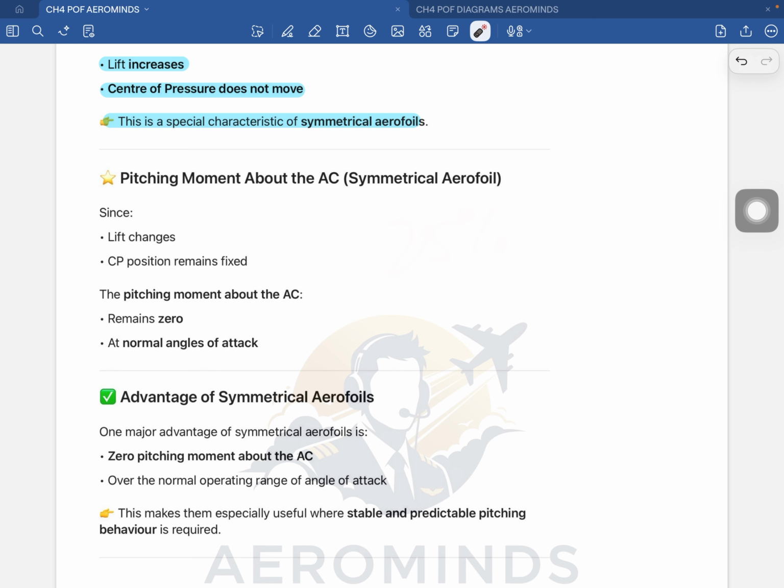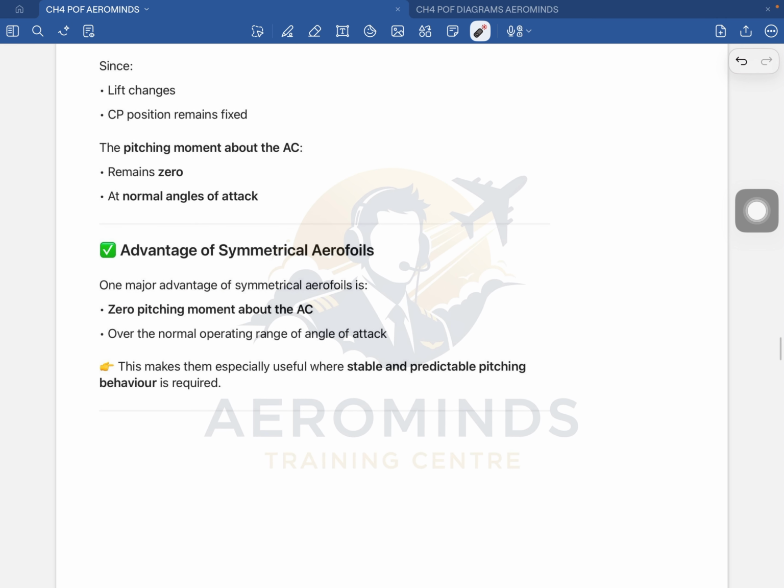So because of this symmetry, the pitching moment about the aerodynamic center will remain zero at the normal angles of attack. It's a very major advantage for the symmetrical airfoil that zero pitching moment is happening over the normal operating range of the angle of attack.